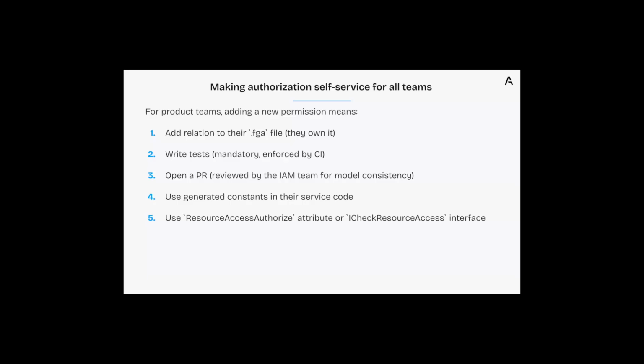They need to be model experts to understand how we built it, but they just follow the pattern, write tests and get reviewed. And the generated code, like I said, gives them type-safe access. So it's great for teams because they are all autonomous. They can all create permissions. It's just one pull request.